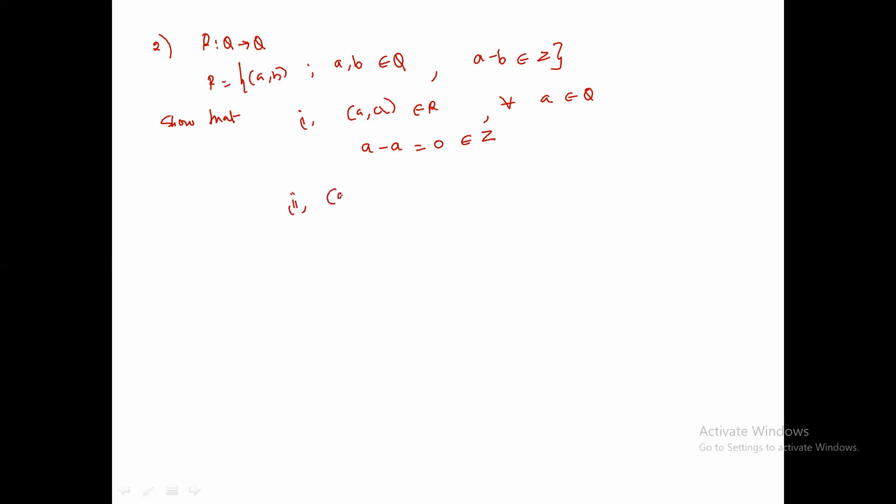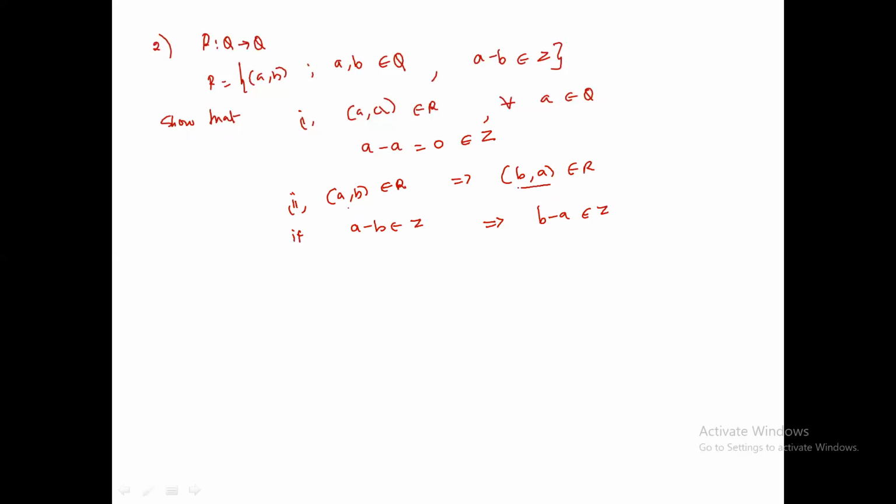Second one, show that (a, b) belongs to R implies (b, a) belongs to R. So if (a, b) belongs to R, that means a minus b is an integer. Now if a minus b is an integer, it implies b minus a is also an integer.